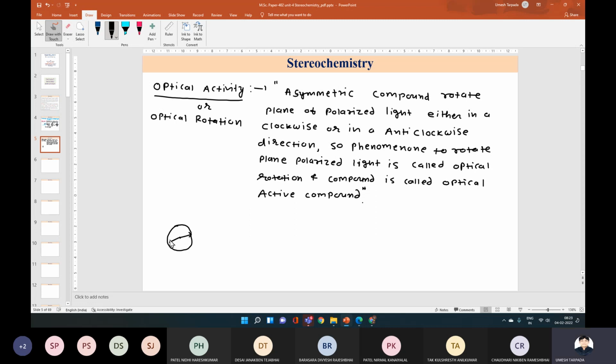Its components are in all the directions, so it is called polychromatic light.